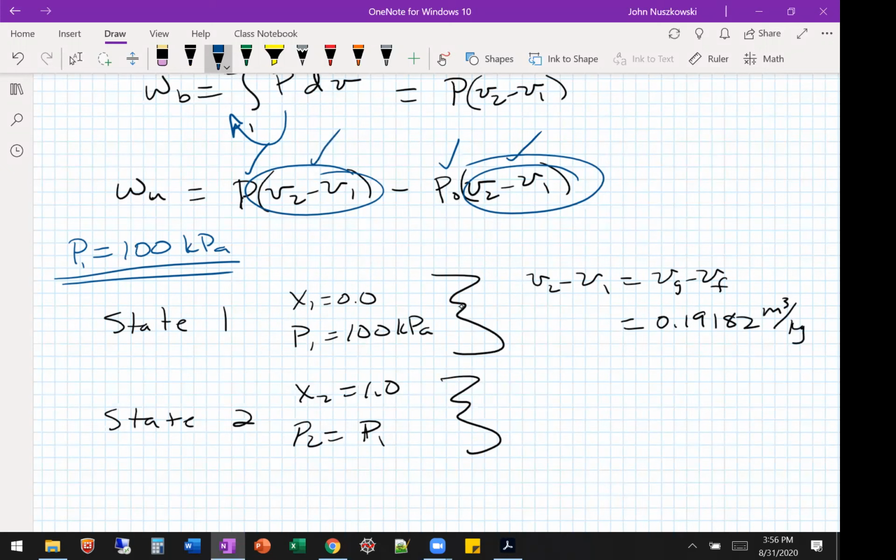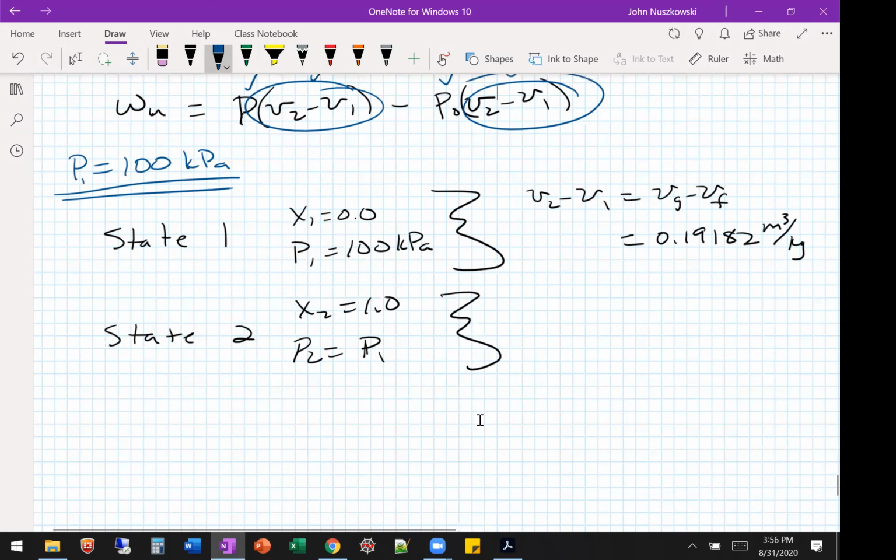All right, so that means we can solve for the work and the work on the surroundings, and get the work useful. The boundary work is P delta V, which gives 19.18 kilojoules per kilogram.